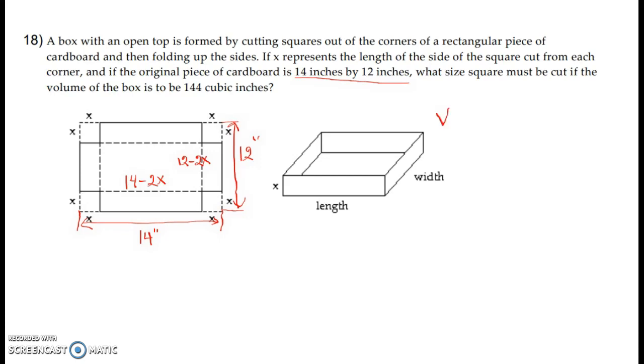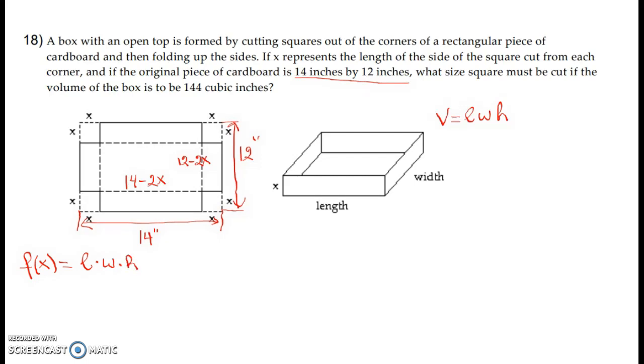The volume is equal to length times width times height. Okay? In this case, let's go ahead and write this in function notation. So we have f of x, the function of x, is equal to length times width times height.